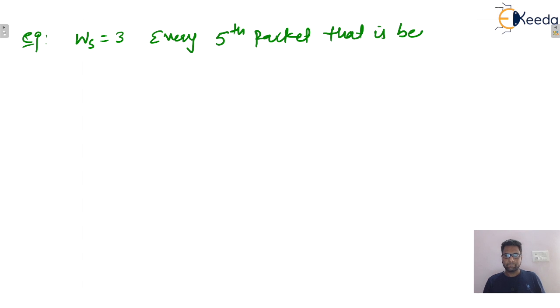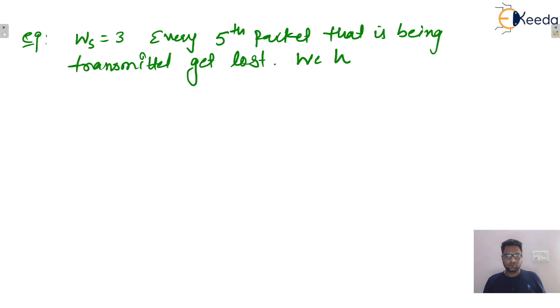Let's say the sender window size is given to you, that is 3, and every fifth packet that is transmitted gets lost, and we have a total of 10 packets.